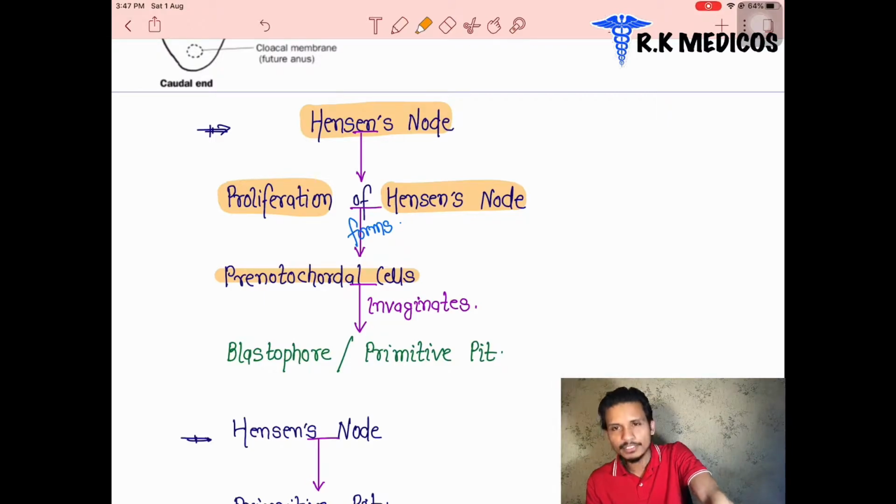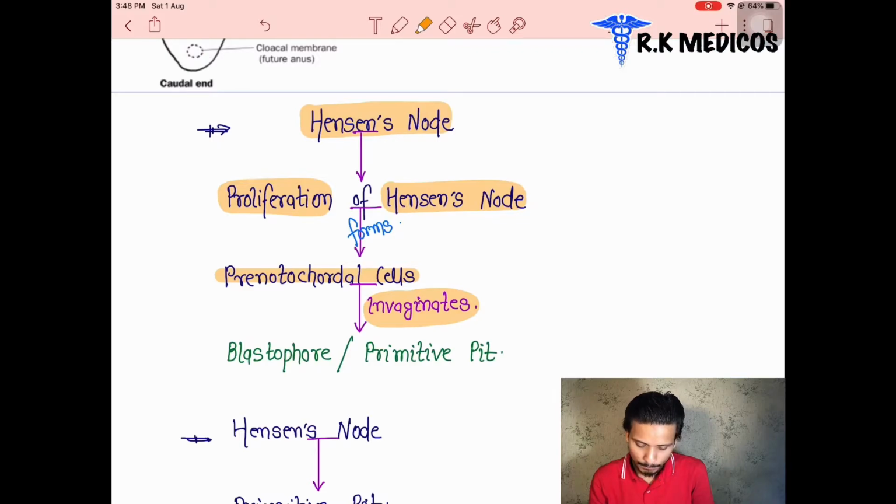In later stages, these cells are going to form the notochord. That's why they are called pre-notochordal cells, and these pre-notochordal cells are going to invaginate.